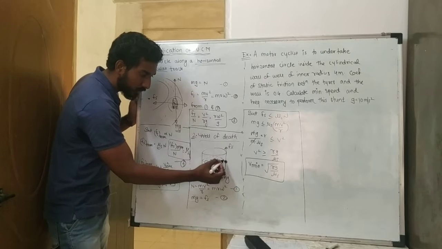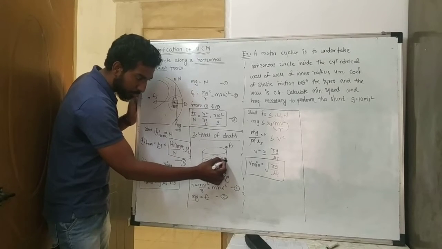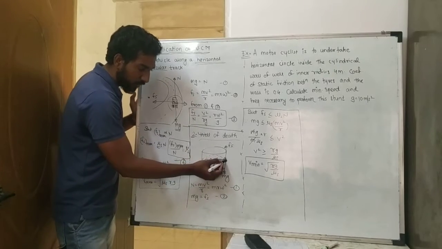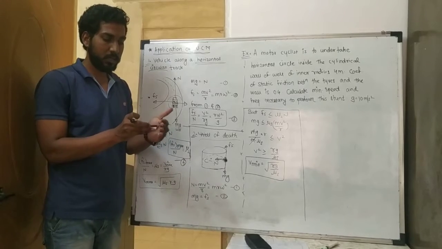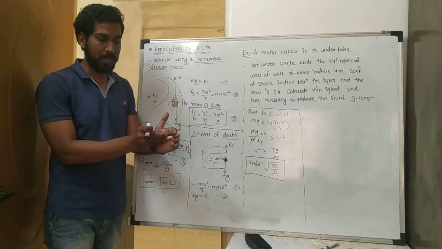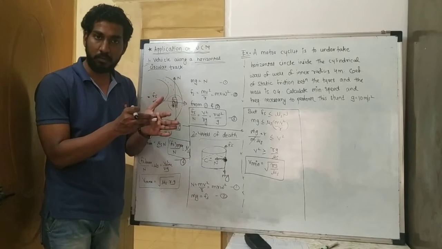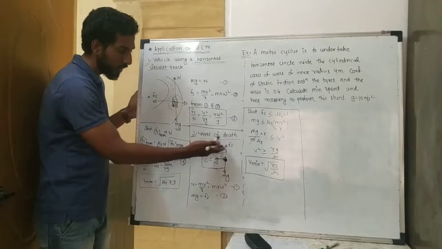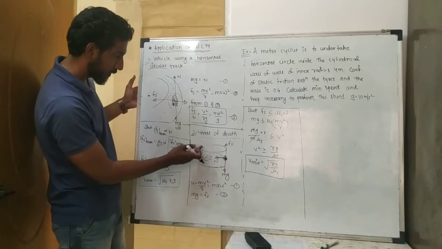So here the motor vehicle will be like this, and perpendicular to that will be N. Whatever the contact between the wall and the tires of the vehicle, there will be the frictional force Fs.